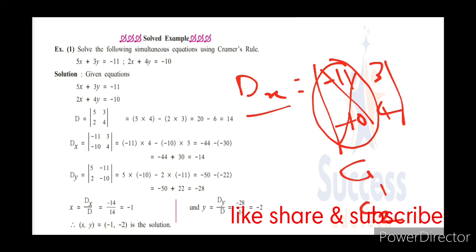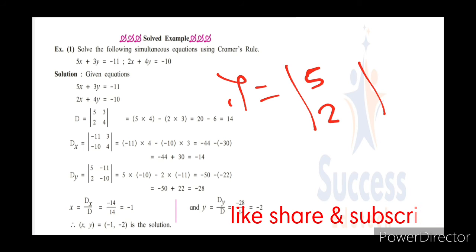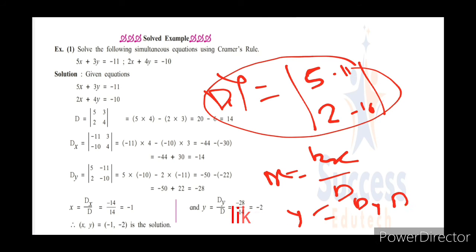For y, in the determinant, simply look, I am putting a1 and a2 here. I am replacing b1 and b2 by c1 and c2. So we get dy. So x is equal to dx by d and y equal to dy by d.